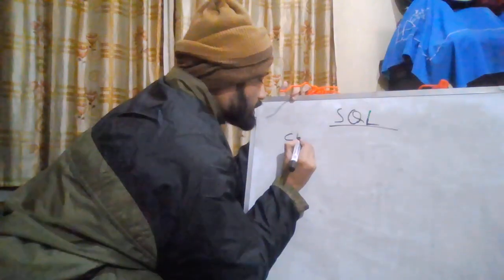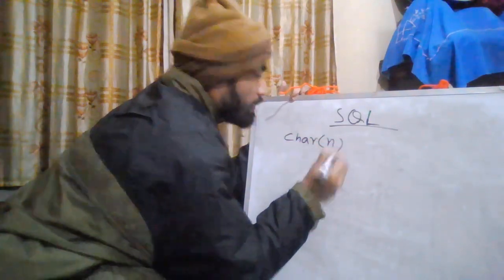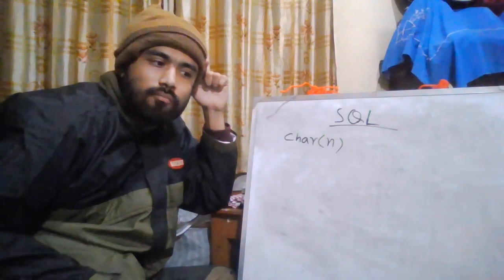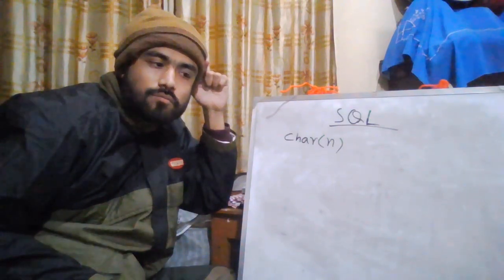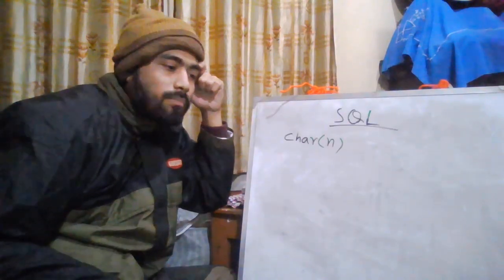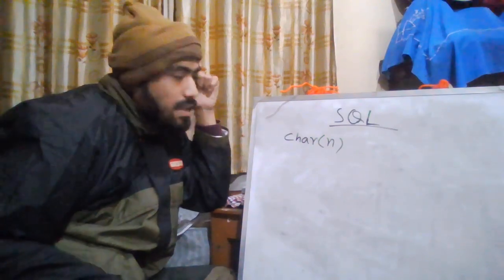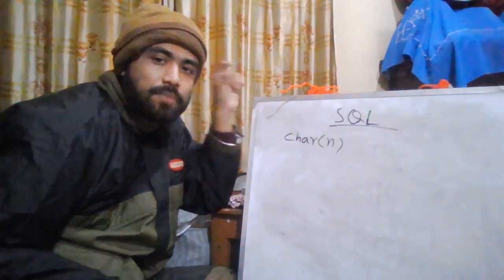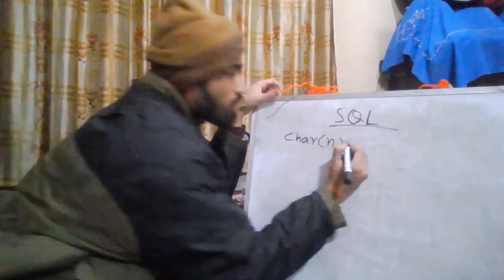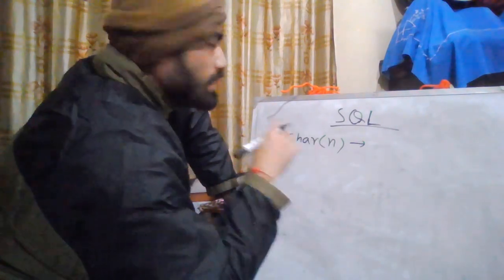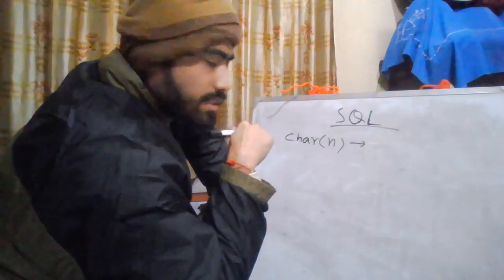Okay. One is char n. What is char? Char is character. In character type, n is a fixed length. This char data type has a fixed length, which is n.